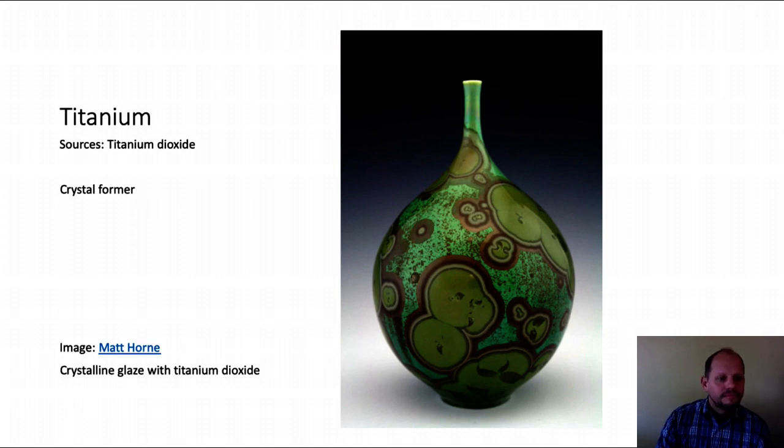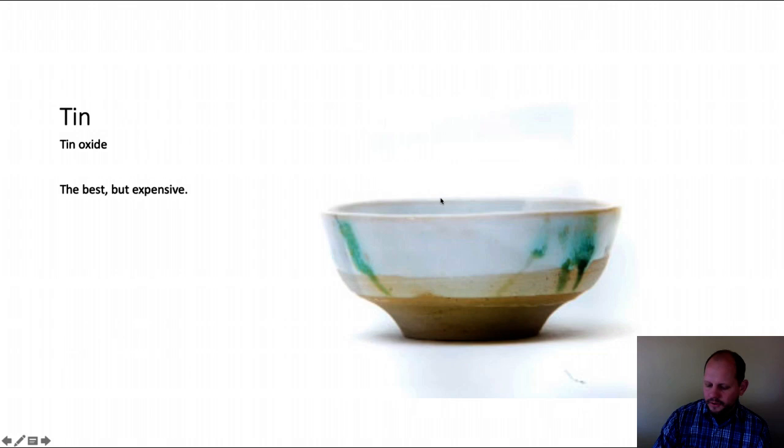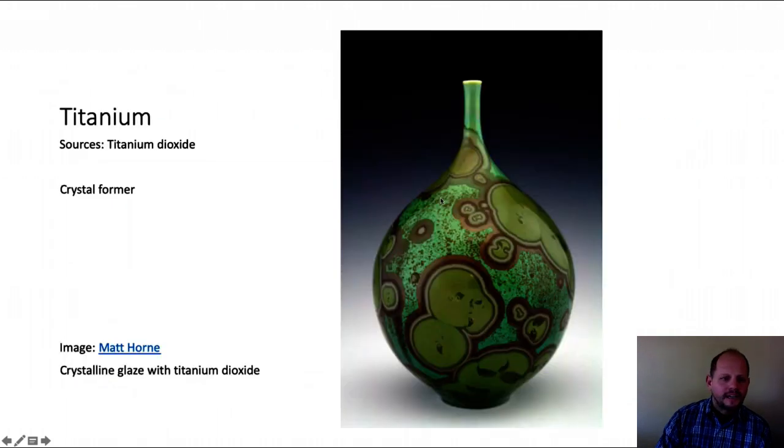Another source is titanium. I should probably have titanium before tin, but anyways. Titanium, you can add textural additions to the glaze. You can see here, it comes in the form of titanium dioxide.